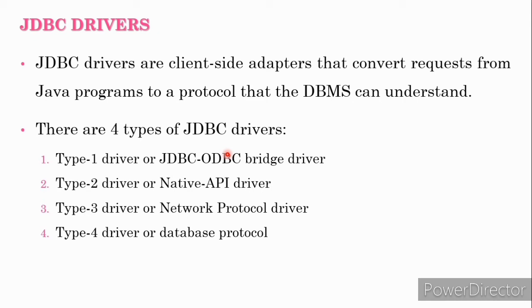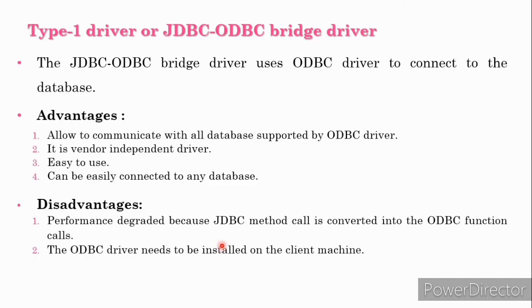There are 4 types of JDBC drivers. The first one is the type 1 driver or JDBC ODBC bridge driver, type 2 driver or native API driver, type 3 driver or network protocol driver, and type 4 driver or database protocol driver. First we will see the type 1 driver, the JDBC ODBC bridge driver.